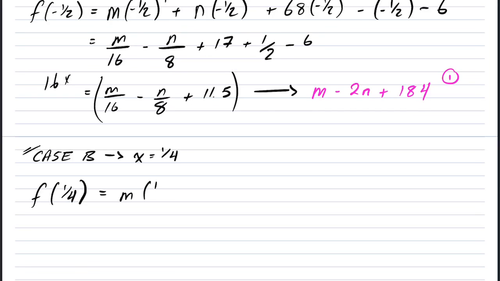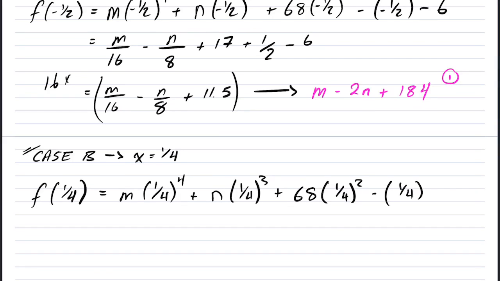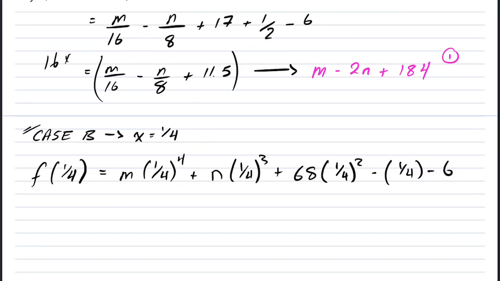So we have m, this one's going to be a bit more annoying, times 1 over 4 to the power 4, plus n times 1 over 4 to the power 3, plus 68 times 1 over 4 squared, minus 1 over 4, minus 6. 4 to the power of 4, 4 times 4 times 4 times 4, is 256. That's m over 256, plus n over 4 times 4 times 4, 64.